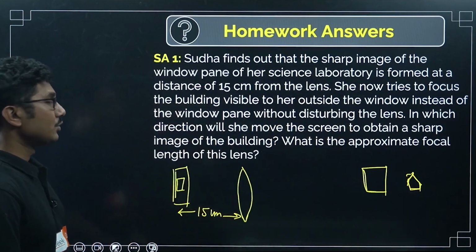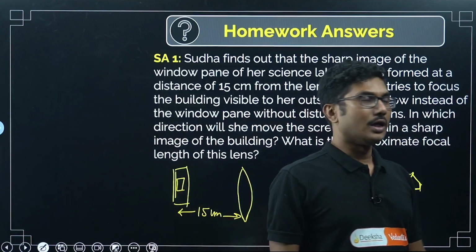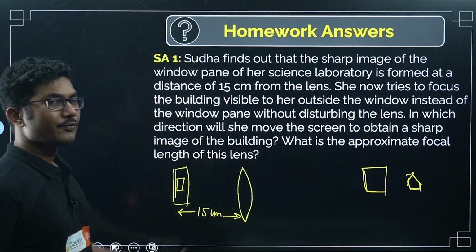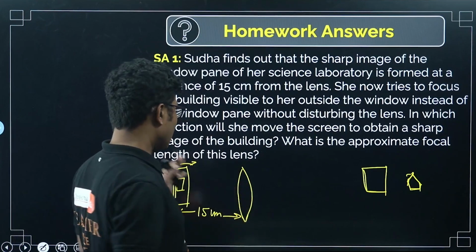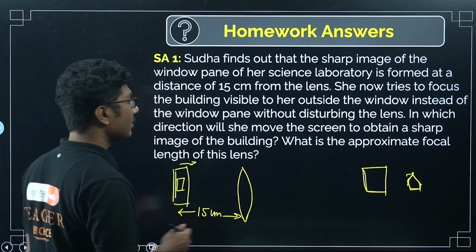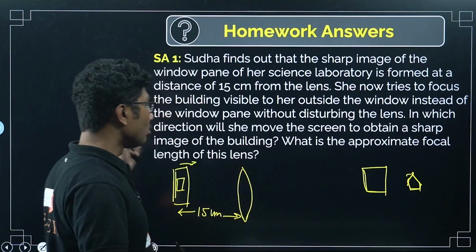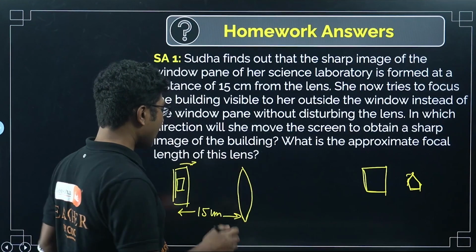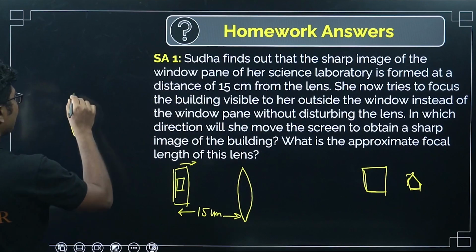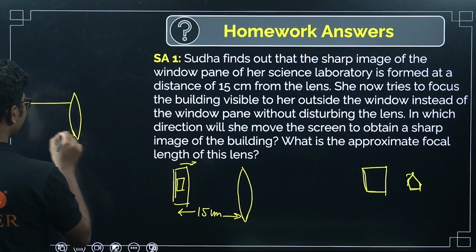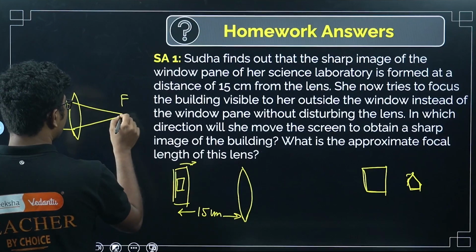Now what will happen? The object has now moved far away, so you have to bring the screen towards the lens. Why towards the lens? Because you can consider this a very distant object, and for a very distant object the rays are parallel, so they will focus exactly at the focus of the lens.